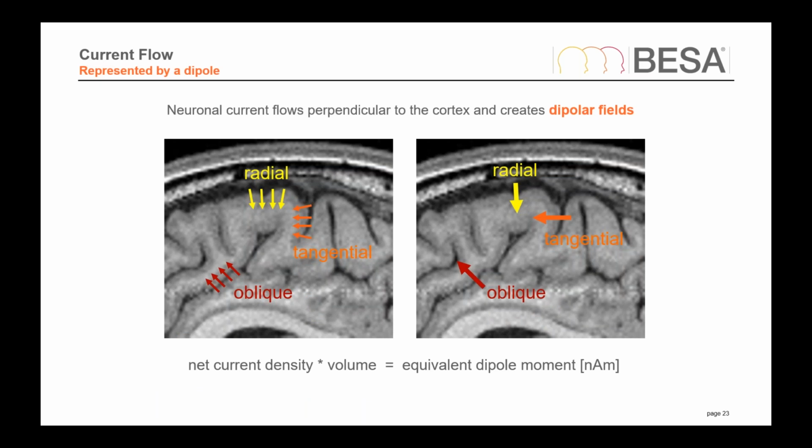Well, let's just have a quick look at how these currents are even generated. Neuronal current typically flows perpendicular to the cortex and creates dipolar fields. The orientation of these currents can be radial with respect to an approximated sphere, approximating the head surface by a sphere, or it could be tangential, or it could be none of the two.